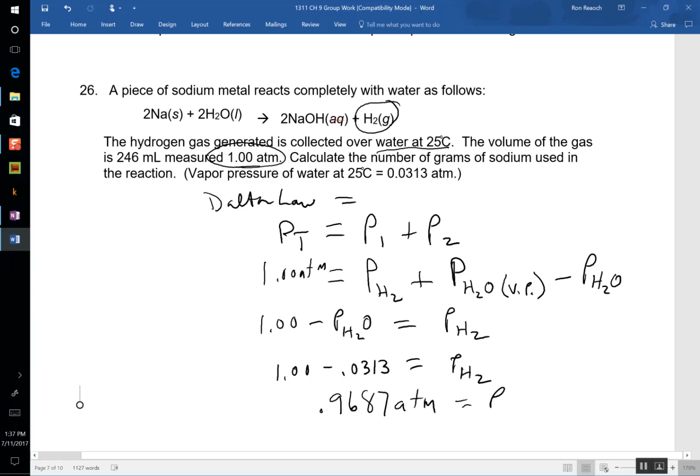The volume of the gas is 246 milliliters. The volume is 0.246 liters. The pressure now, since we've compensated it, is 0.9687 atmospheres. The temperature, I guess we can assume, is this temperature. We're doing this at 25 C.